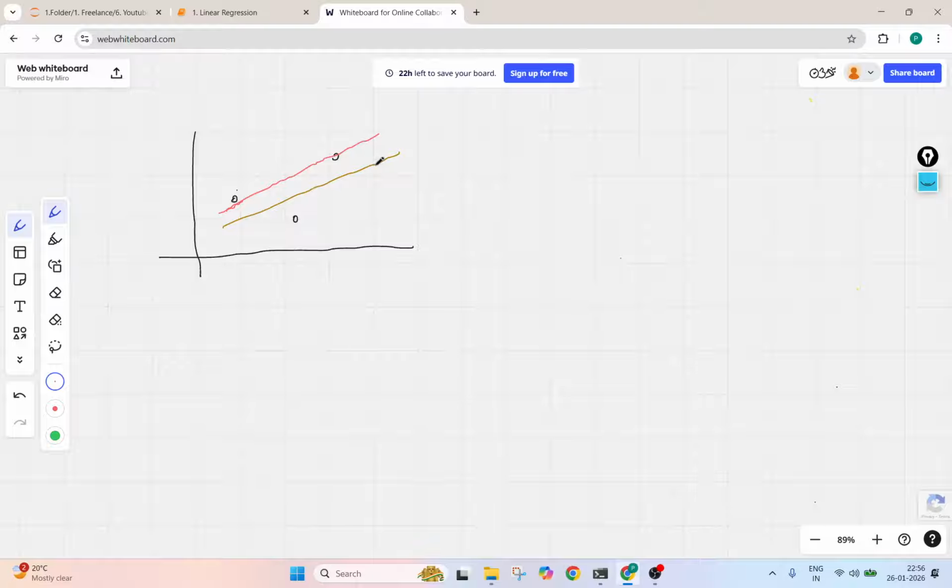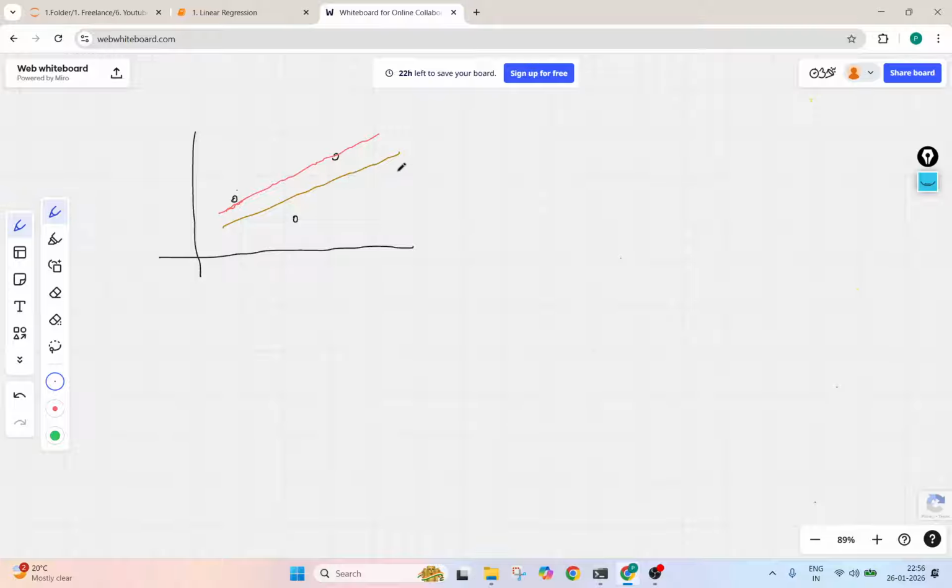Which one should be treated as my best fit line? Many of you might think the red line is my best fit line, but we cannot really say that. Although the red line cuts through 2 points, while the brown colored line cuts through none, it might still be the best fit line.